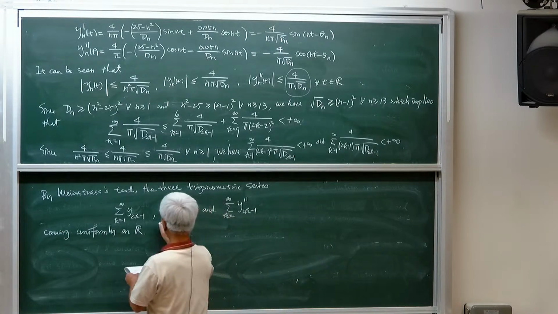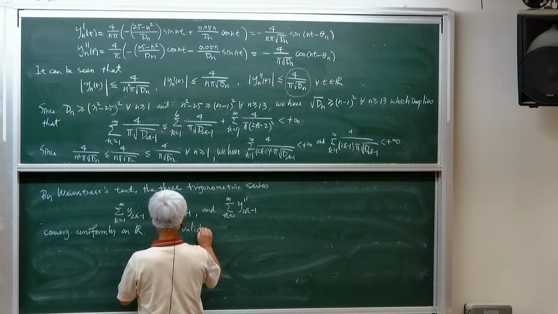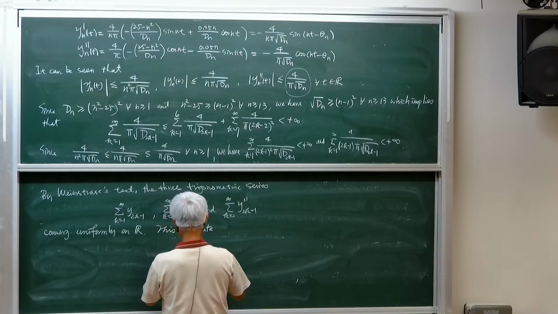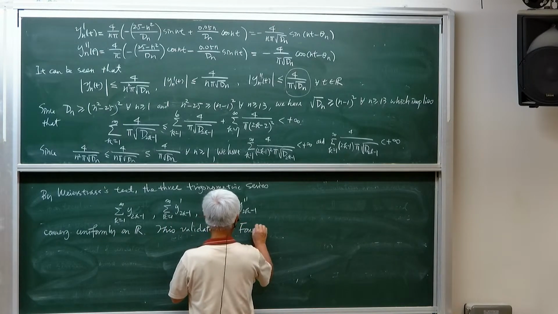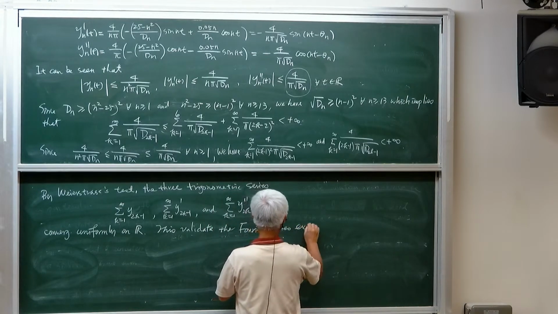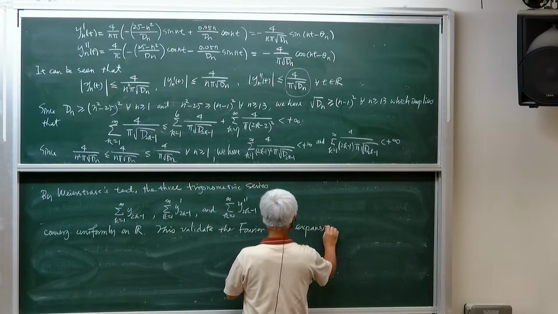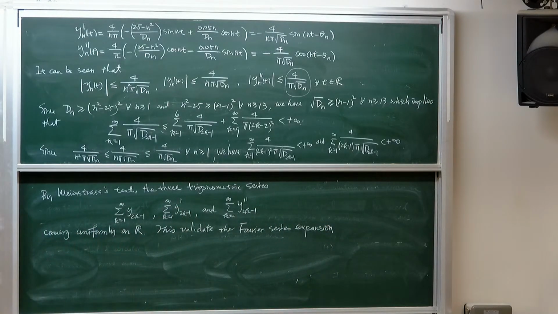All right, so this validates the Fourier series expansion, because it converged. So we know that this converges, and the limiting sum is defined to be y(t).